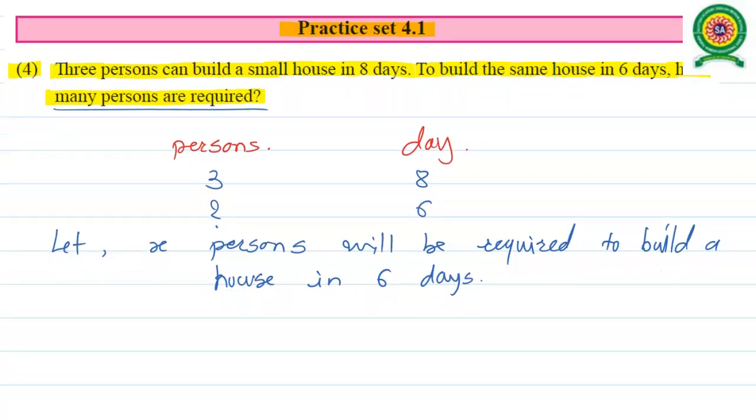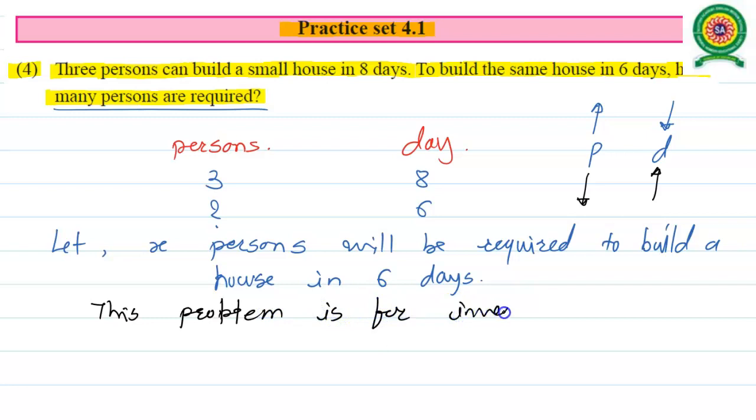Now once the number of persons increases, the number of days reduces, or once the number of persons reduces, the number of days to complete the work increases. So this problem is for inverse proportionality, so we can solve it by using the multiplication principle.